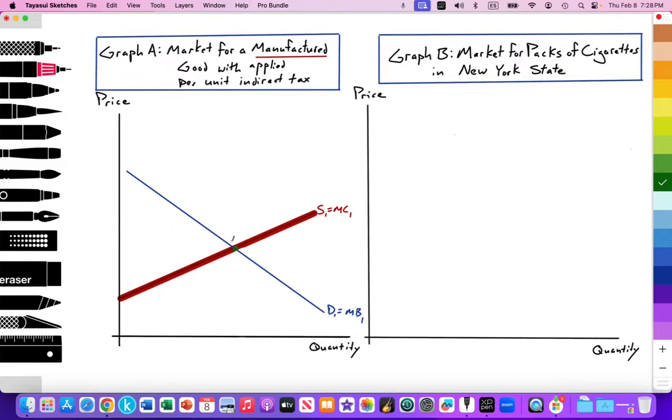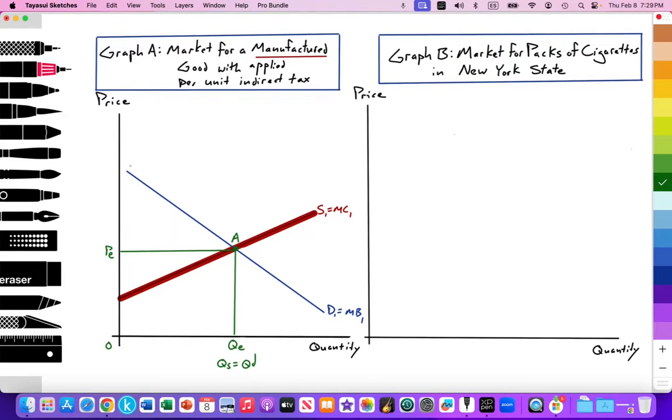All right, I'll label this point A. That will generate a free market equilibrium price at equilibrium, and a free market quantity equilibrium at QE. At QE, the quantity supplied is equal to the quantity demanded. So firms are producing from 0 up to QE.